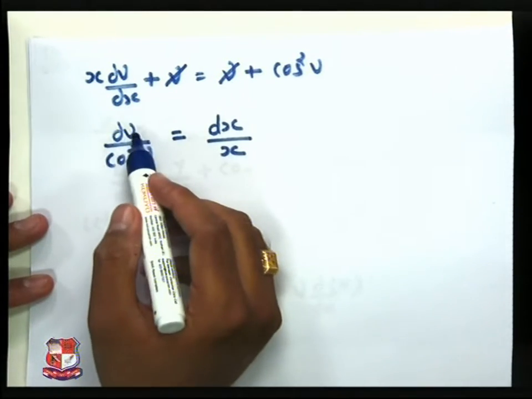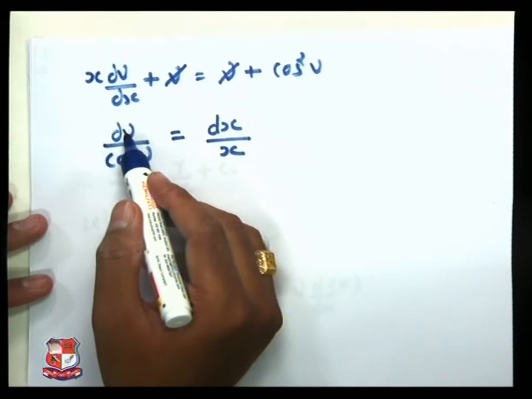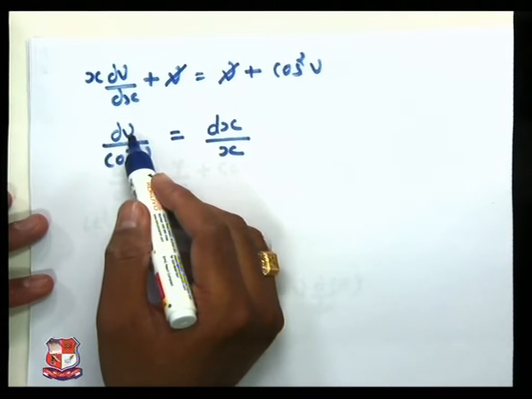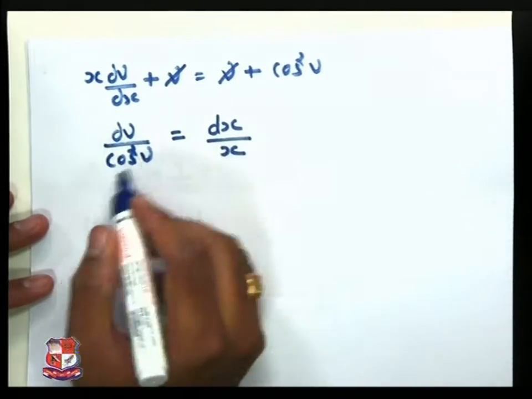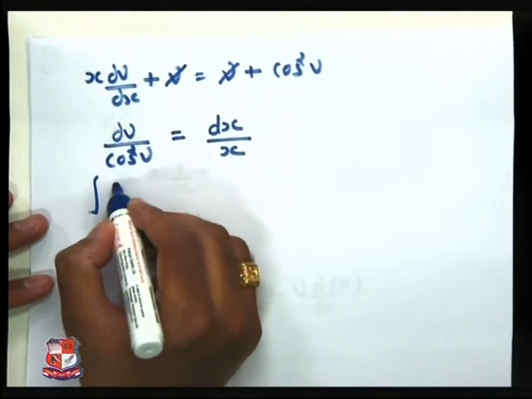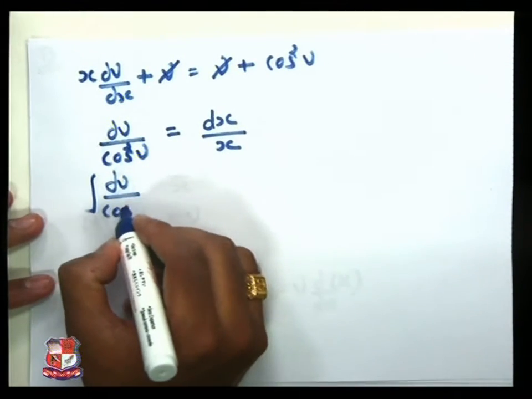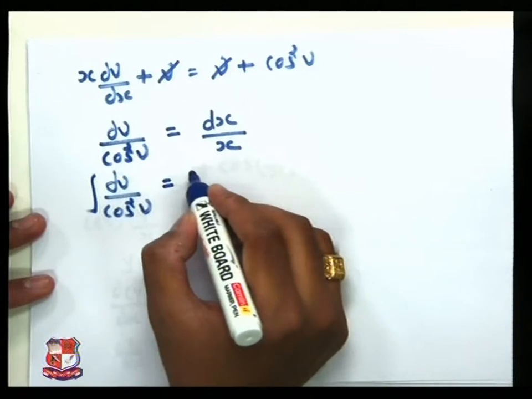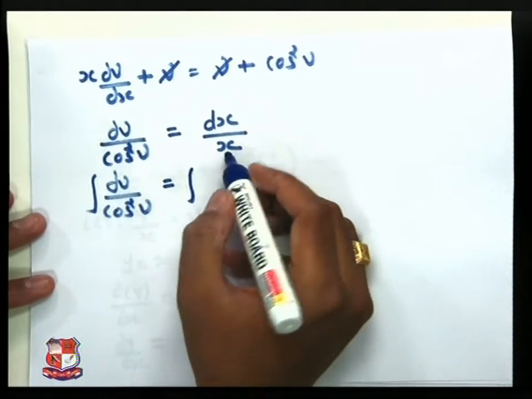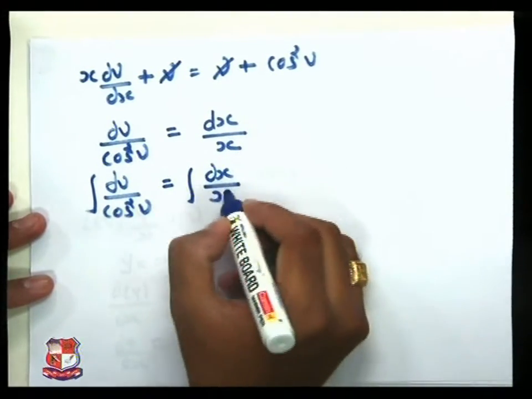Now we want to find v and x, so using integration we can find them easily. Integrating the above equation, the integration of dv by cos square v is equal to the integration of dx upon x.